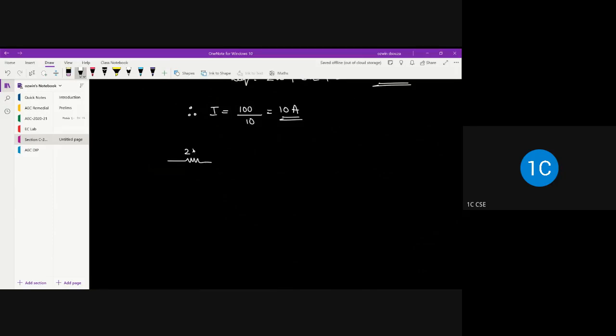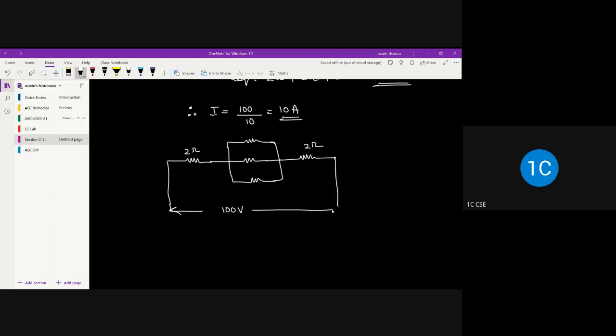This is 2 ohm, this is your parallel branch, and you have the last 2 ohm resistance. The total voltage across this combination is 100 volts, and the current through this 2 ohm resistor is 10 amperes.